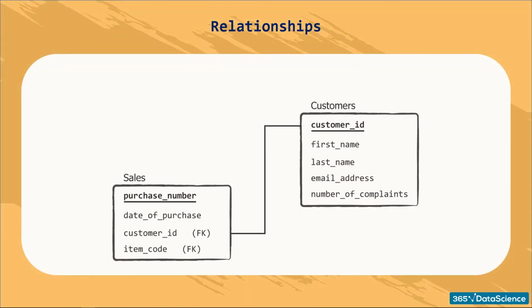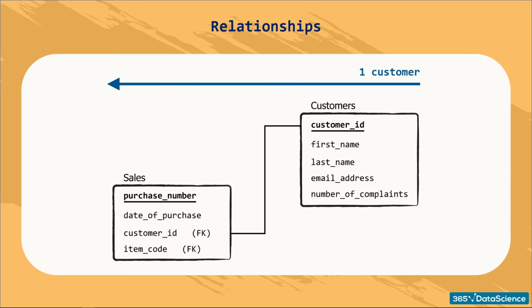In the relational schema, this is shown by assigning the correct symbols at the end of the arrow. You should always read the symbols according to the direction of the relationship you are exploring. For instance, think of it this way. A single customer could have made one purchase, but she could have made more than one purchase too.